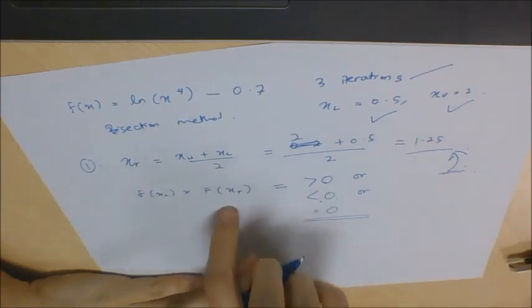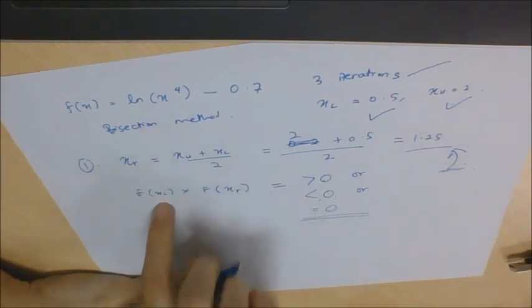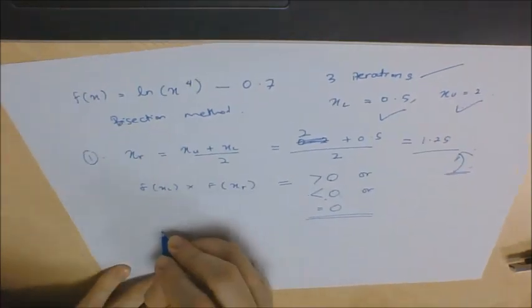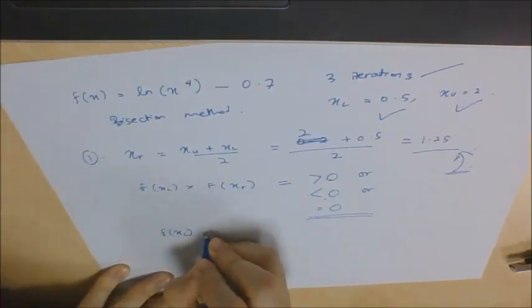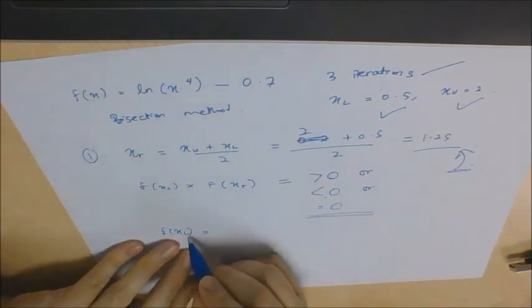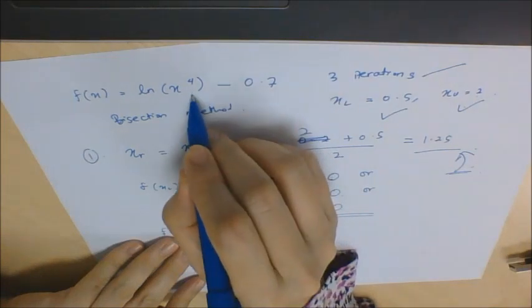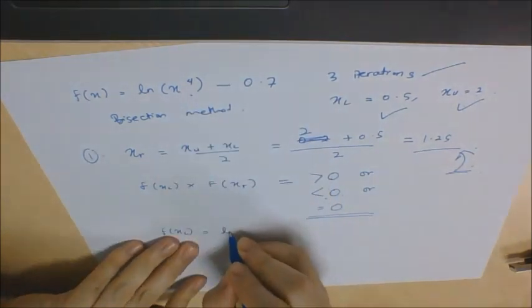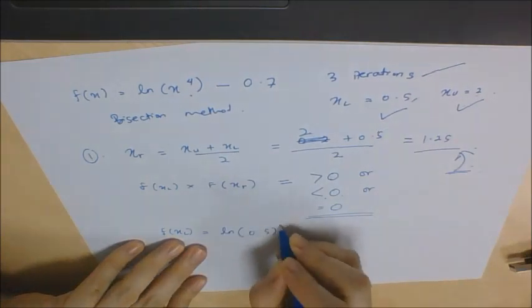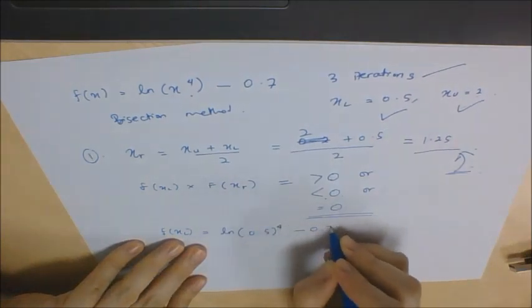So let us check the values of FXL and FXR for this first iteration. FXL is just a matter of substituting your XL into the function. So here ln of 0.5 to the power of 4, minus 0.7.